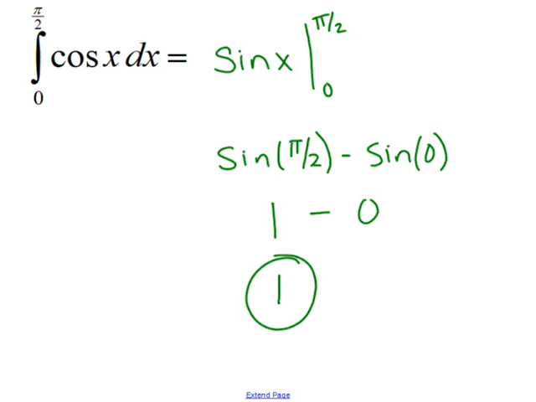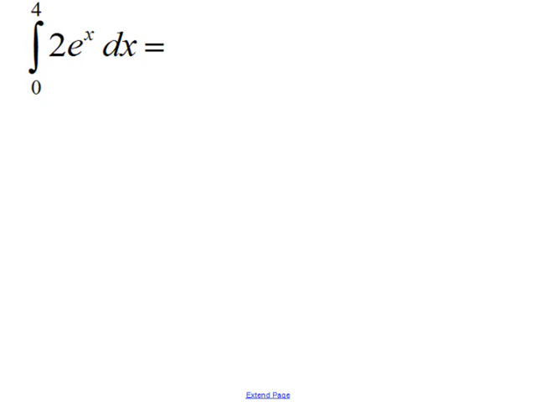All right, let's keep rolling here. I can use another property of integrals that I've learned. I know that I can take that constant out and just integrate from 0 to 4 of e to the x dx, my absolute favorite function, because anytime I take the derivative of e to the x, I get e to the x, and anytime I integrate e to the x, I get e to the x.